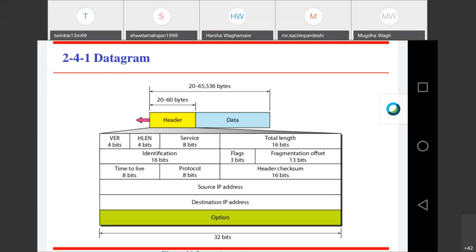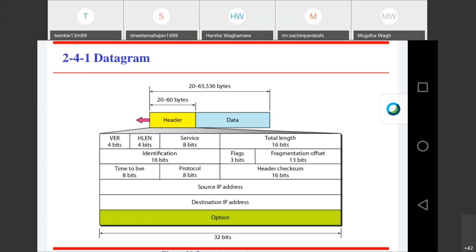Here the header size varies between 20 to 60 bytes. And the data size again varies, between 20 to 65,536 bytes. Again, the data size is not fixed. So we'll see what information in the header is required for routing.